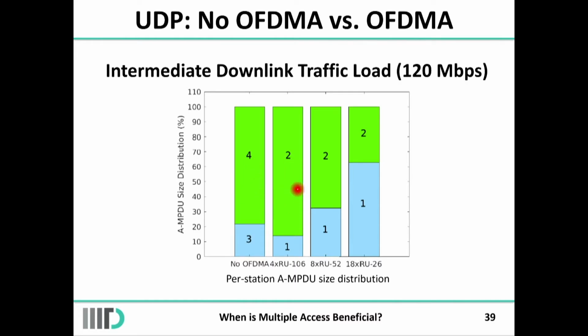If you see the aggregation statistics, first of all the aggregation has lowered from high traffic load for obvious reasons, and the aggregation is even lesser for lower RUs, also for obvious reasons, because you have lower bandwidth for you to aggregate. Now for OFDMA, AMPDUs are mostly of size 1, and for non-OFDMA the AMPDUs are 3 and 4.